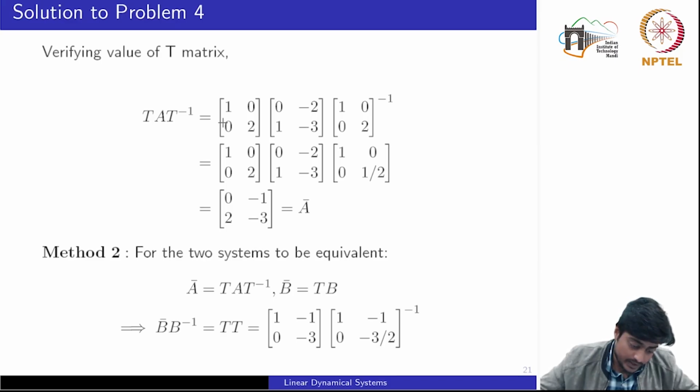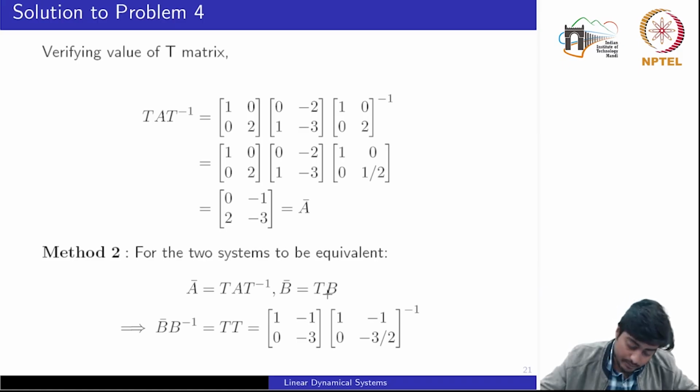Now here we have an advantage, because if you recall this equation, B bar is basically given by T into B. If there exists any T matrix by which B bar and B are related, at the same time, if A bar and A are related using this equation, we say that T is the transformation matrix. Now here we have an advantage that B is a square matrix, and on top of that B is in fact non-singular.